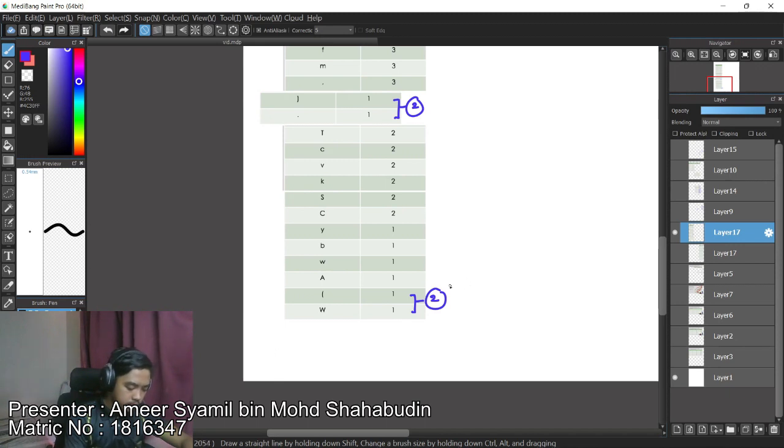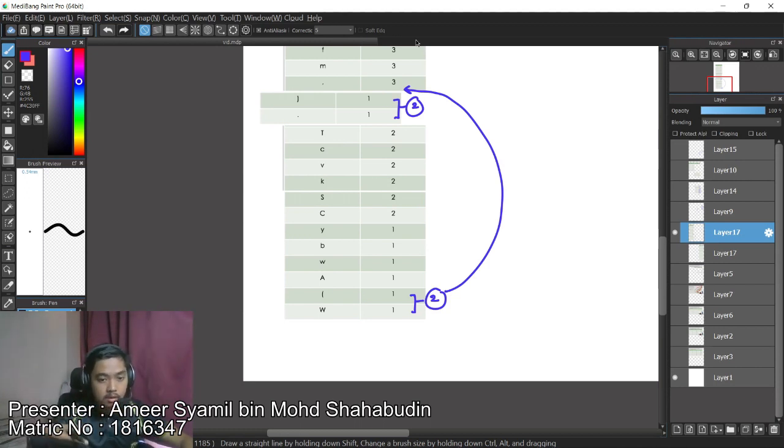So the position of this new node will be between the previous node and the 3. The process goes on until we get the single root of the tree. For this process, I'm going to do a time-lapse version, so enjoy the show.